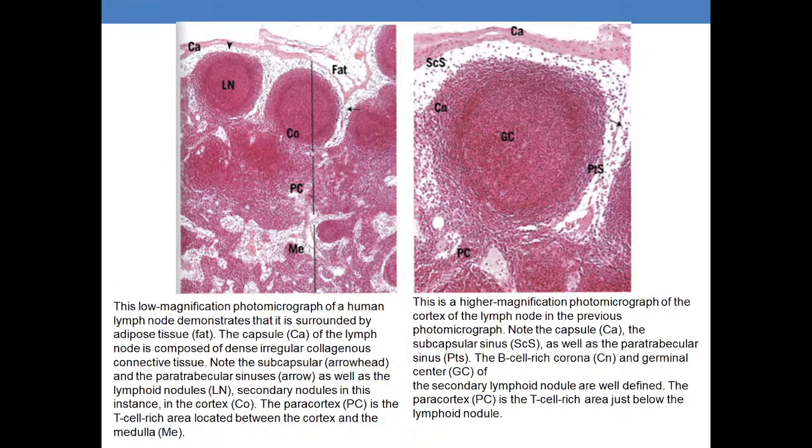Next picture. This is a high magnification photomicrograph of the cortex of the lymph node in the previous photomicrograph. Note the capsule, the subcapsular sinus, as well as the paratrabecular sinus, the B-cell rich corona and germinal center of the secondary lymphoid nodule as well defined.